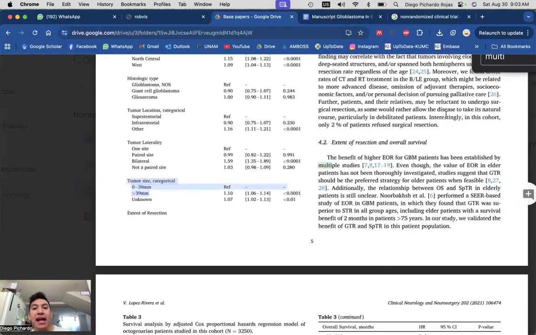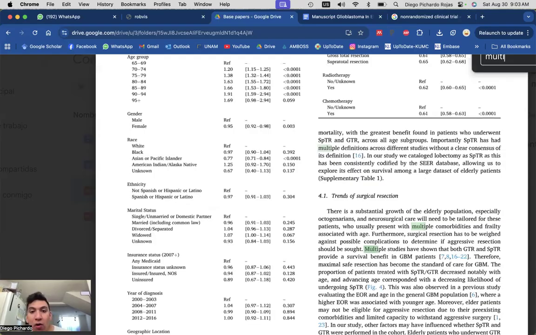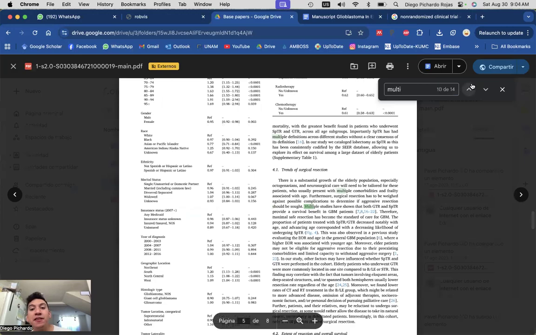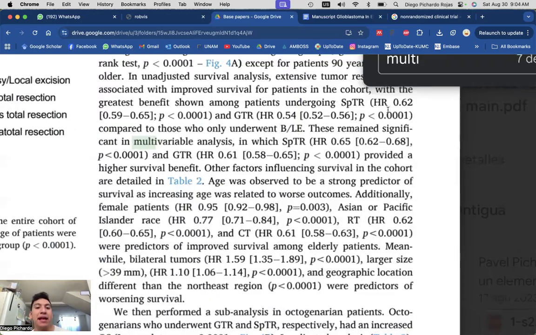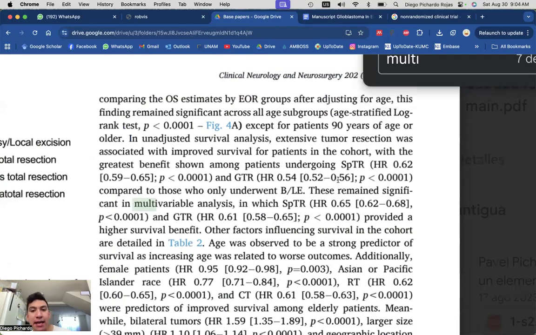So for multivariate analysis, you just have to check out the methods. If they report that they did a multivariate analysis, that's basically a pretty good way to control. Like, they first reported that this was better than that other one.